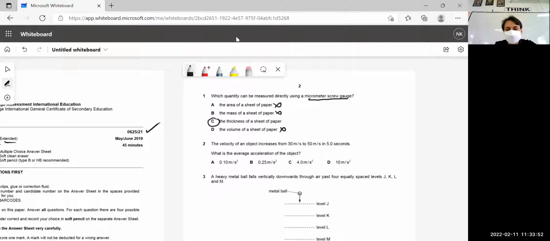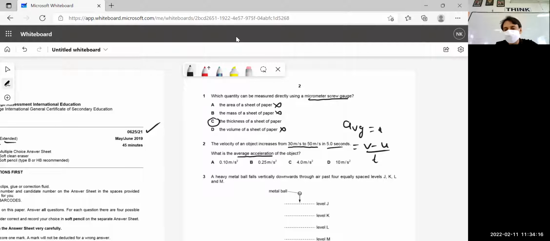In question number 2, the velocity of an object increases from 30 meter per second to 50 meter per second in 5 seconds. We need to calculate the average acceleration of the object. Average acceleration is equal to change in velocity, v minus u, divided by time.